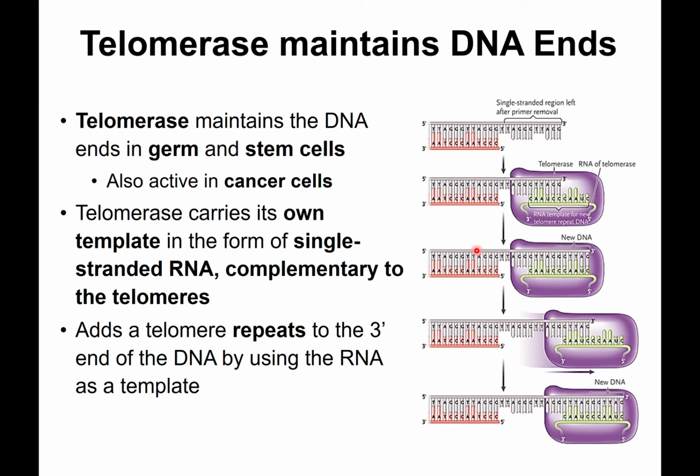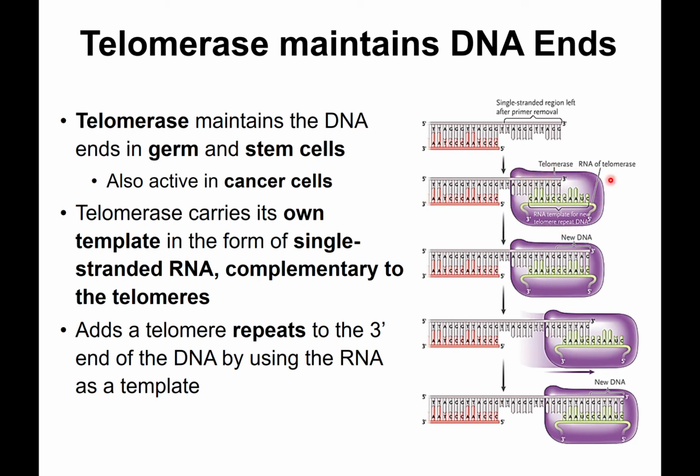How does it work? Well, imagine this being your chromosome that has undergone DNA replication. Now you have that, unfortunately, this part here has not been copied because the RNA primer was just going up to here. Okay, so now telomerase can extend this sequence, and even the other strand, by using its own RNA template.